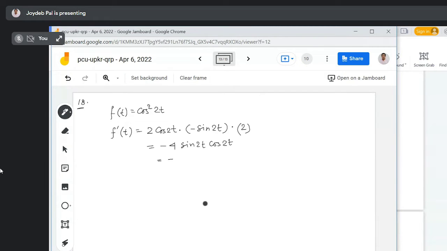And it is actually what? 2 sin a cos a, as 2 sin t cos t, sin 2t, right? So can I write that?